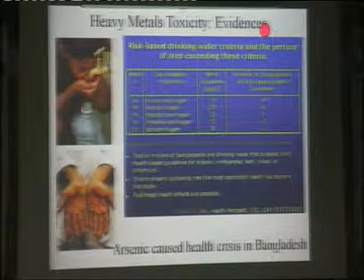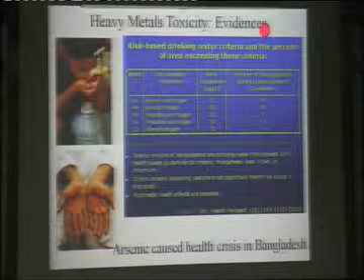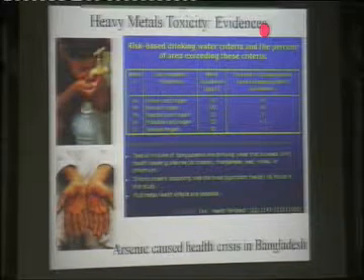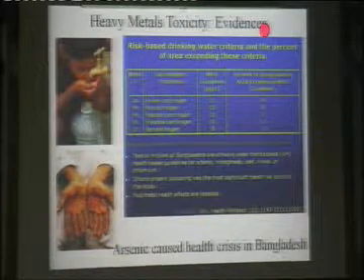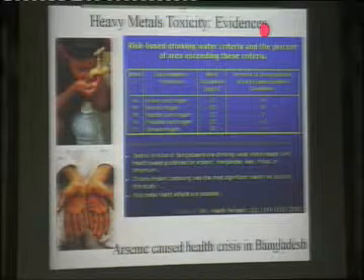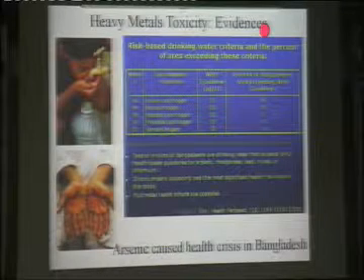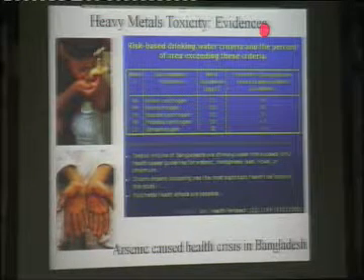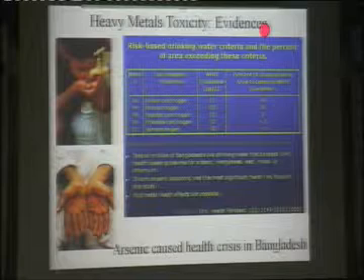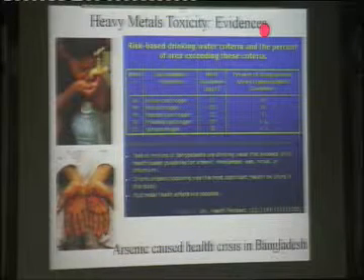Here is the evidence. We all know that Bangladesh suffers from a crisis of arsenic toxicity. Their soil and water are contaminated with arsenic, at levels higher than the permissible level.